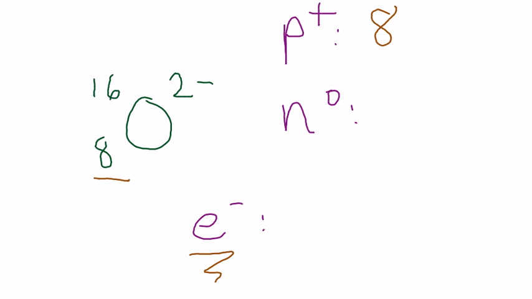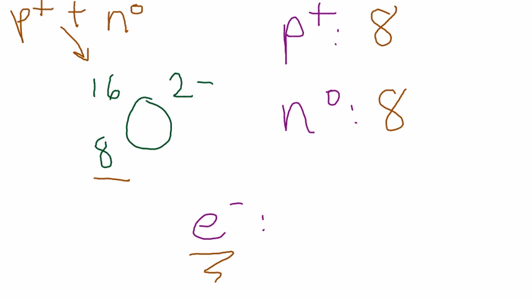We can figure out the number of neutrons by looking at the mass number. We hopefully remember that the mass number is protons plus neutrons, so we can do a little subtraction. 16 is the mass number minus 8, and that tells us that there are, in fact, 8 neutrons as well.